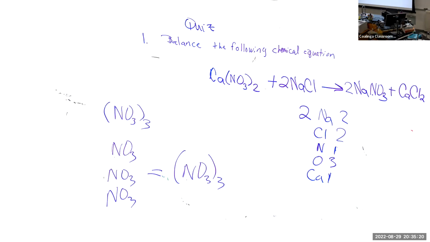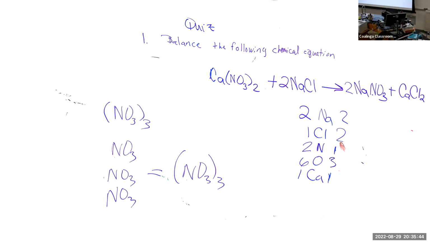There were 2 over here, and we had 1 over here. We had 2 over here, and we had 6. We know that the calcium was exactly the same on both sides. Then we have 6 oxygens, 3 oxygens, 2 nitrogens, 1 nitrogen.